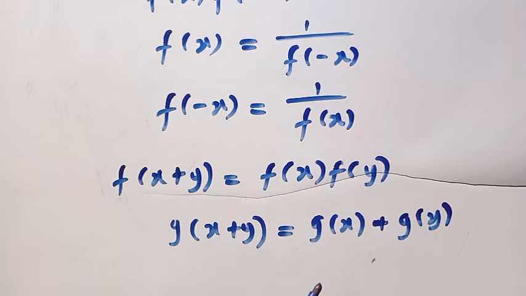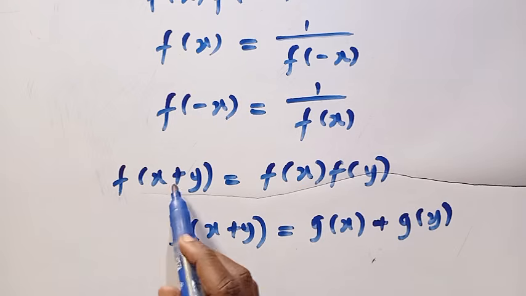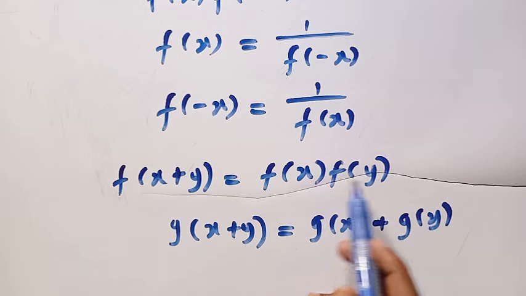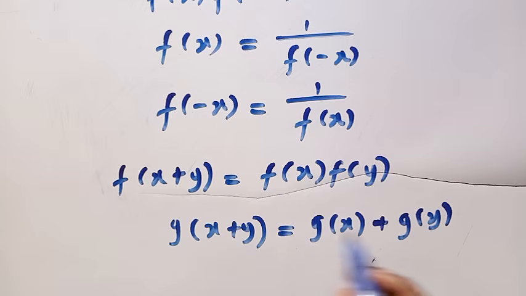And how does this come? This is just like the multiplicative function f of x plus y equals f of x f of y, and it gives us a linear solution. Then let's try to assume a continuous function, differentiability, or monotone. So we are trying to apply all these things.